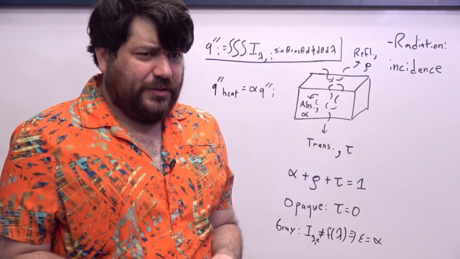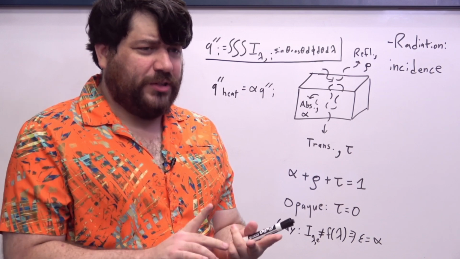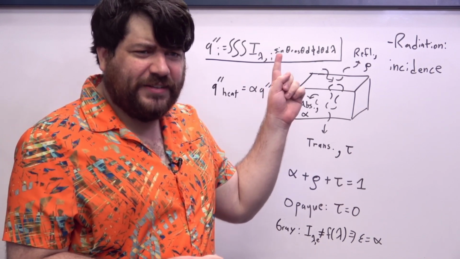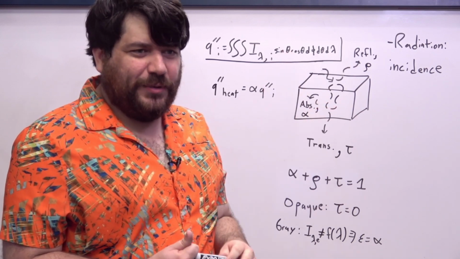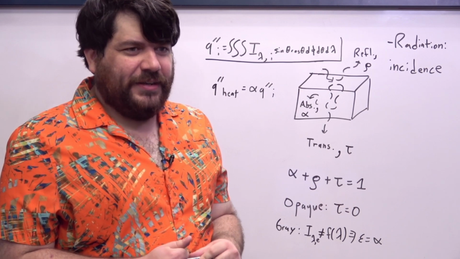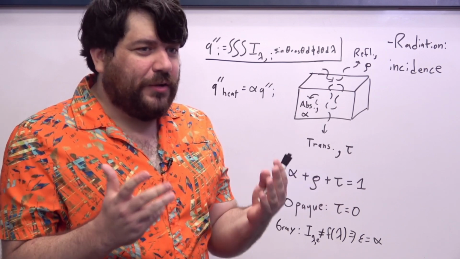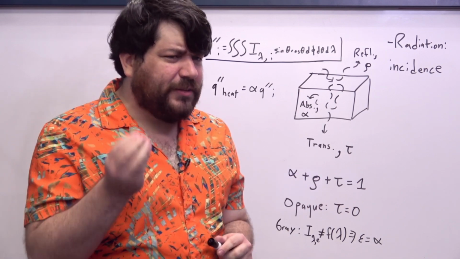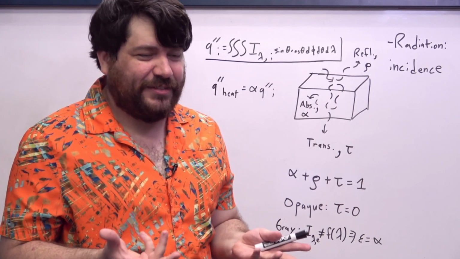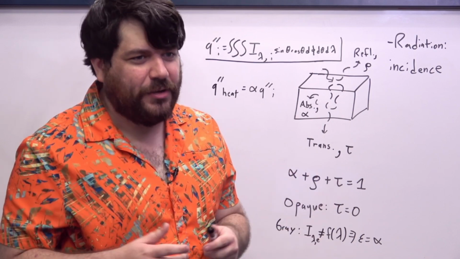And then the other thing that could occur, in addition to absorption and reflection, is transmission, which is simply that the object does not interact with the light at all. And so the light passes harmlessly through the object in what we usually call transmission. Now, it seems a little bit weird to use the word transmission in this context. It feels like transmission is an active thing, like we say that we transmit radio waves.